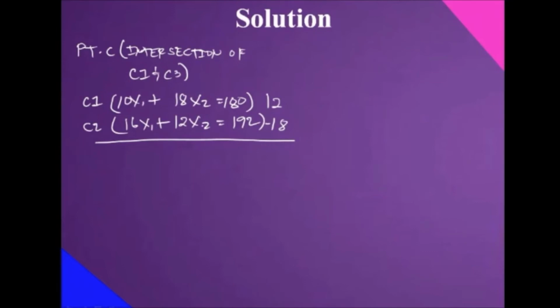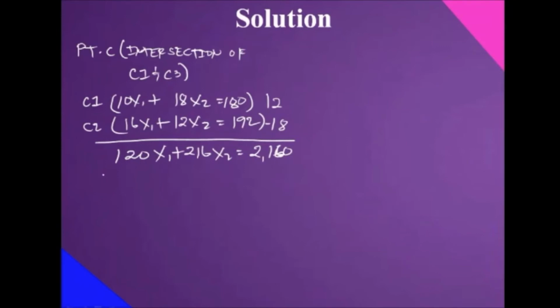So, yan. 10 multiplied to 12, this is 120 x sub 1. 18 times 12, this is 216 x sub 2. 180 multiplied to 12, this is 2,160. So, next, we have 16 multiplied to negative 18.